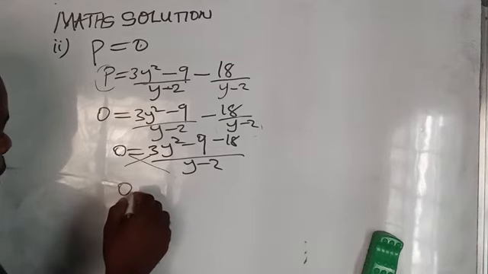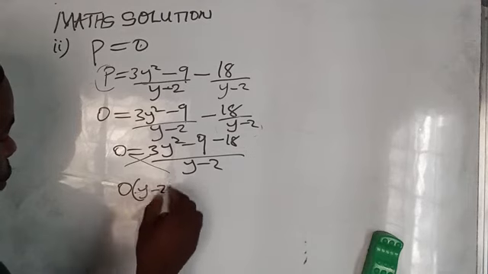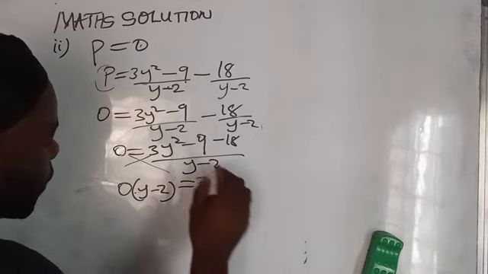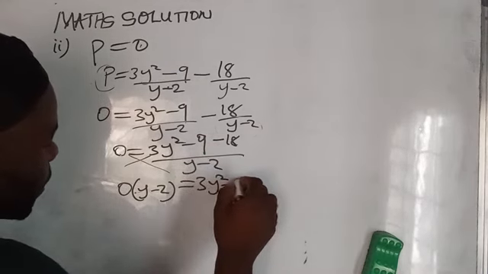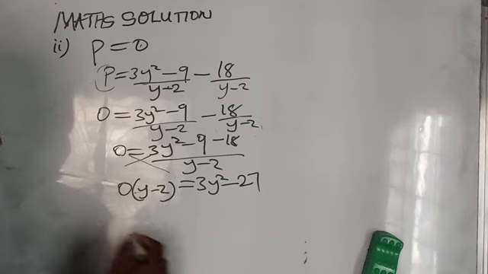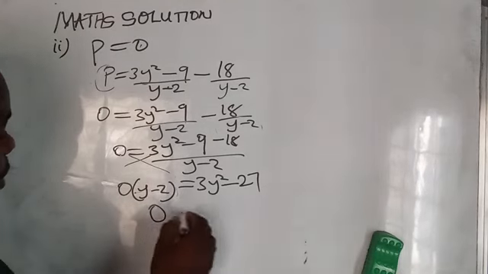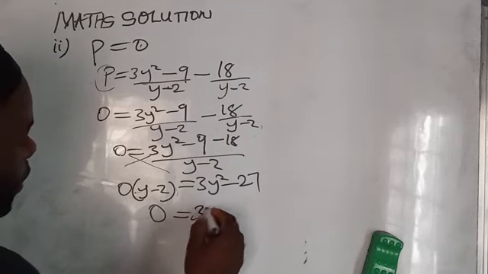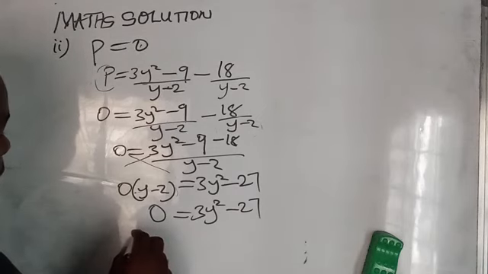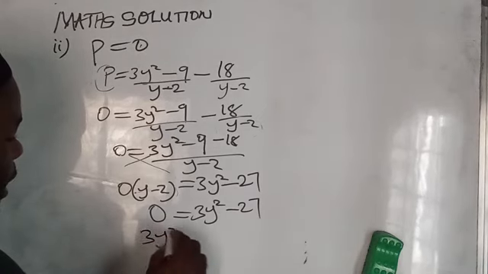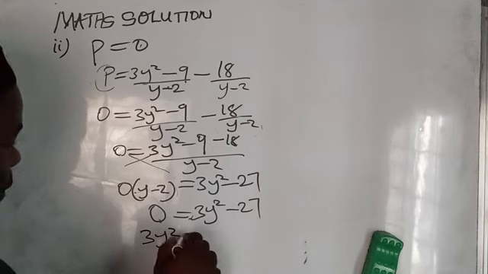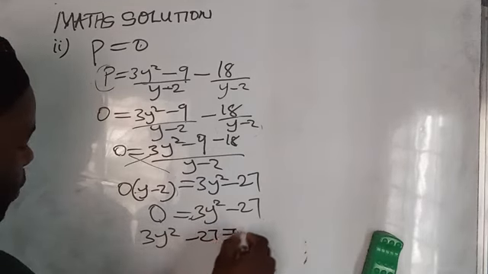So we'll still have 0 bracket y minus 2 equal to 3y squared minus 9 minus 18, which is minus 27. Anything times 0 is already 0. So 0 is equal to 3y squared minus 27. Good. So 3y squared minus 27 is equal to 0.